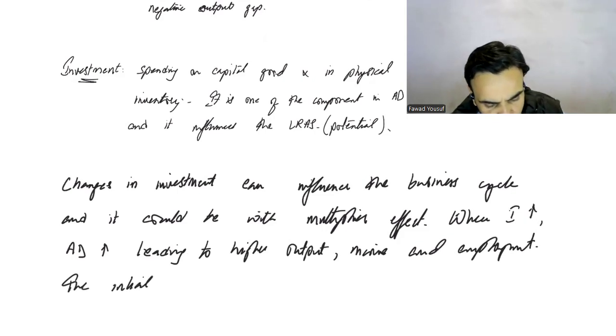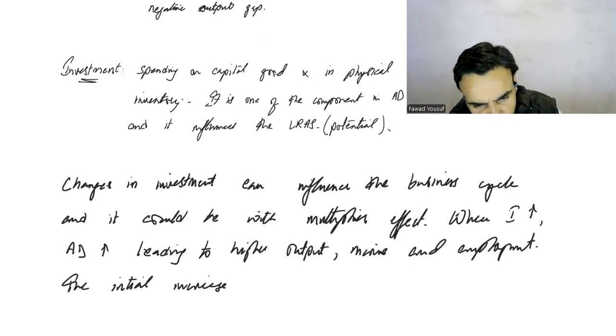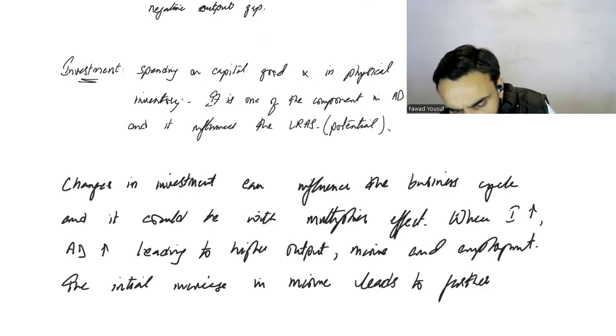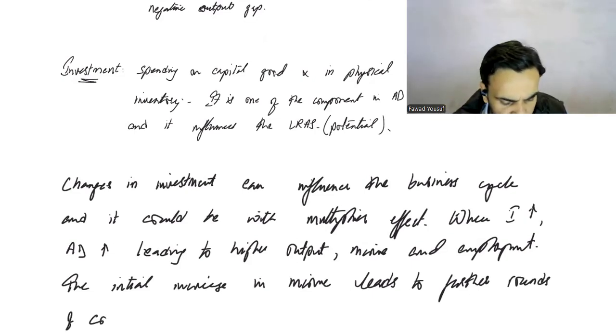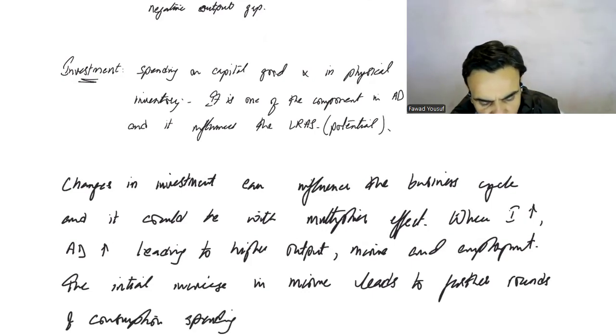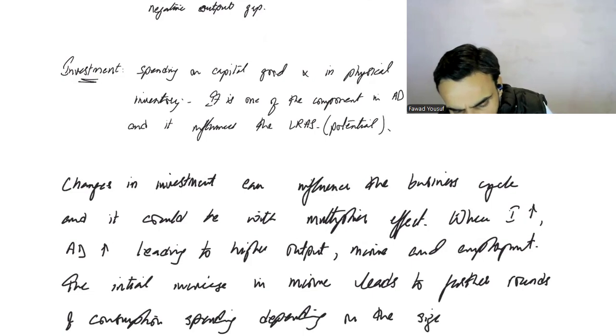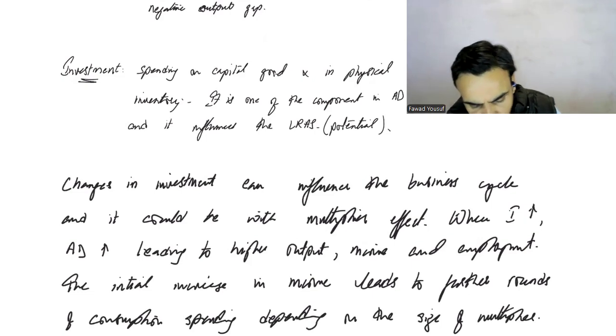The initial increase in income leads to further rounds of consumption spending depending on the size of the multiplier, right?